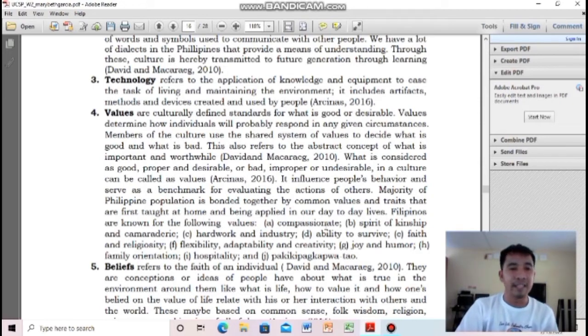Hard work and industry, mahugot, ability to survive, maparaan kita, faith and religiosity, flexibility, adaptability and creativity, joy and humor, family orientation, hospitality and pakikipagkapwa-tao.